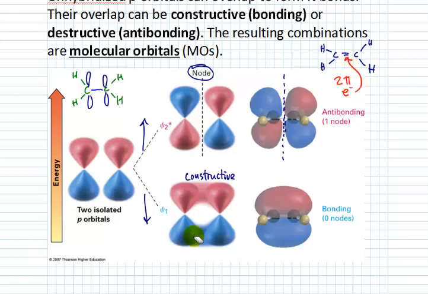Each of these molecular orbitals will be able to hold 2 electrons at maximum. Okay? So the bonding orbital has a capacity of 2, the antibonding has a capacity of 2, but since I had 2 pi electrons to start with, we'll just have both of those electrons occupying the lower energy bonding molecular orbital. The antibonding molecular orbital will be unoccupied.